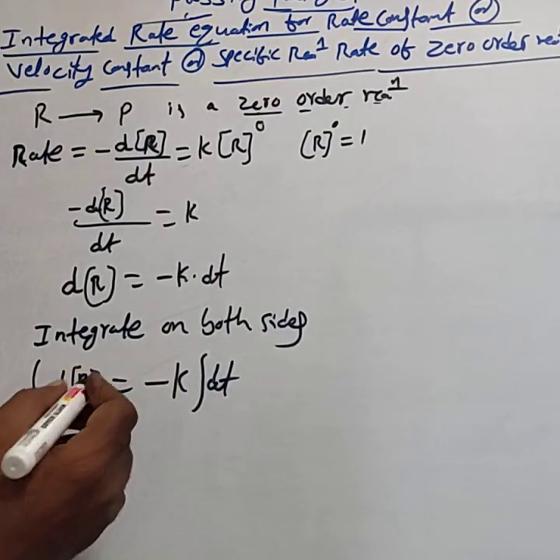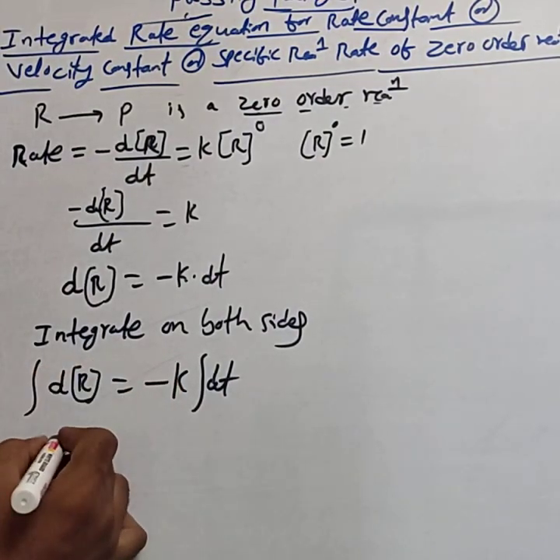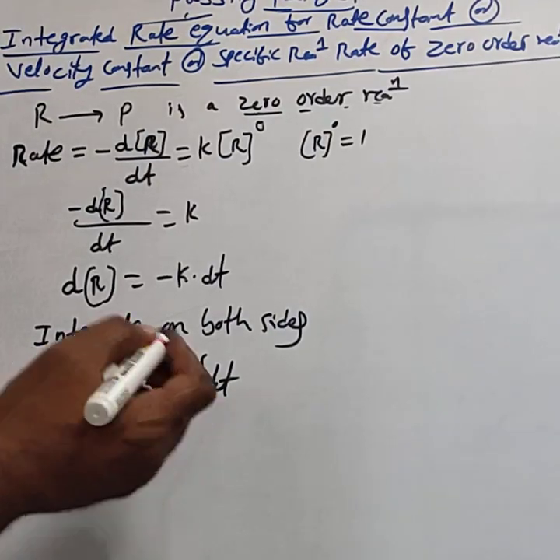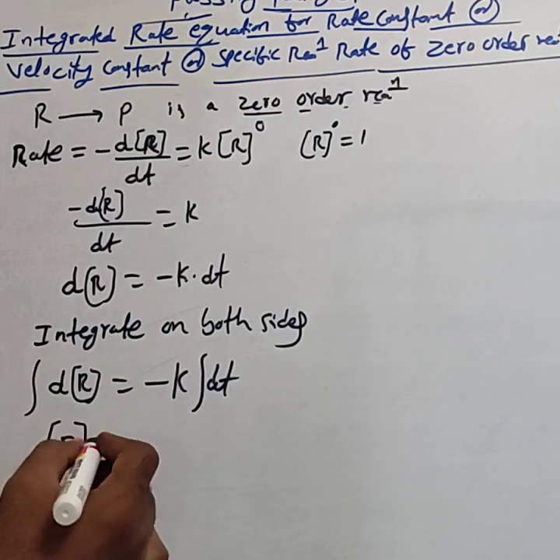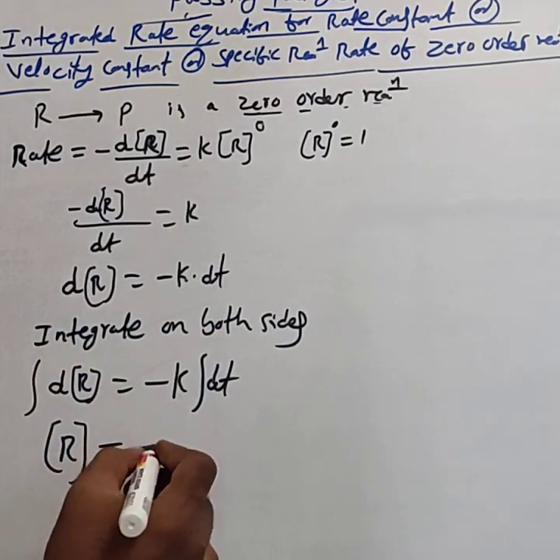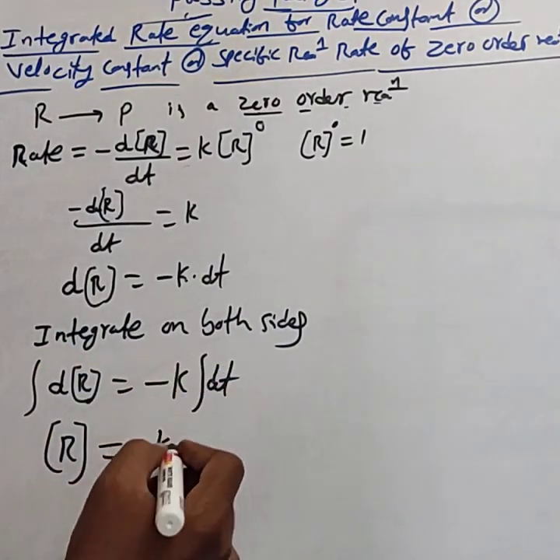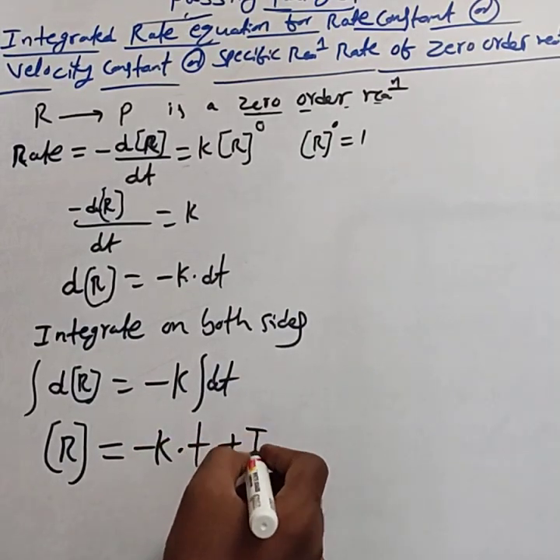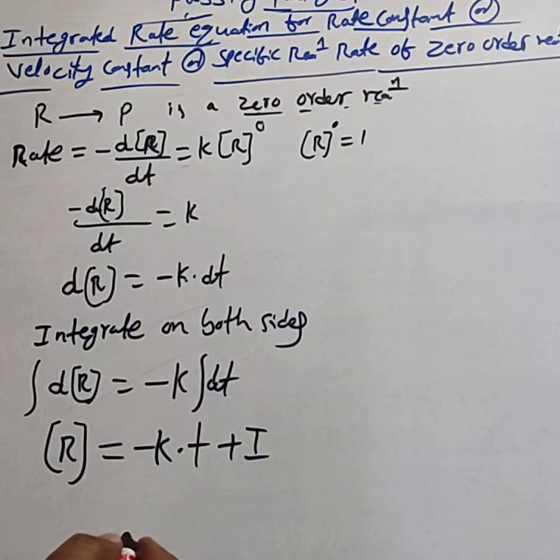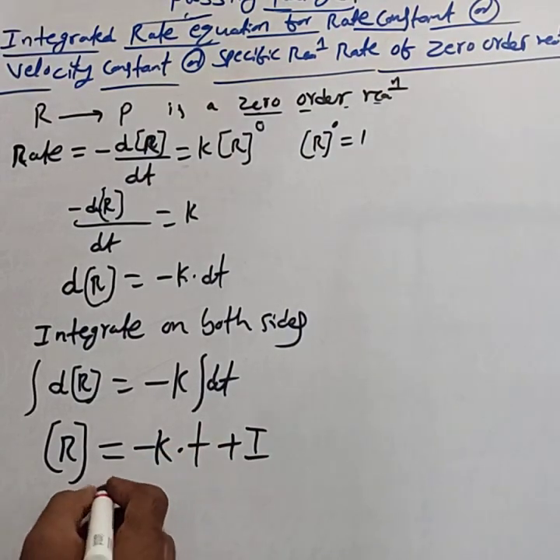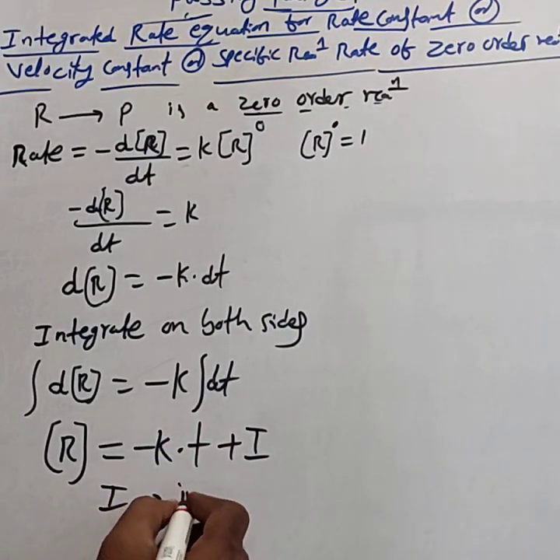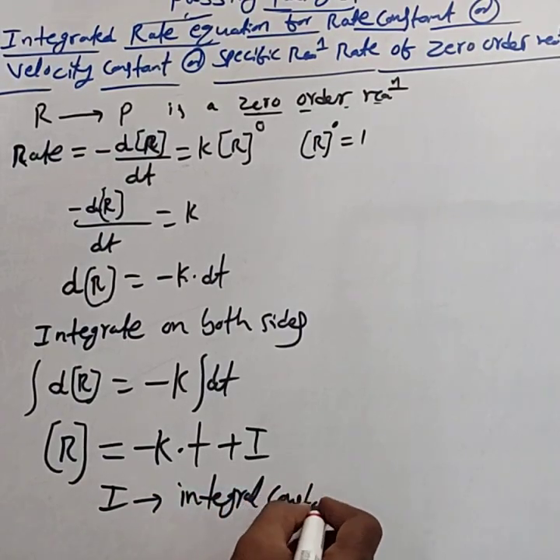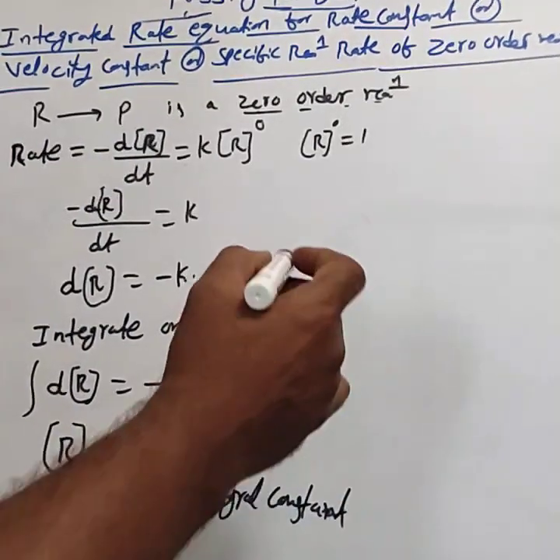Integral of dR value is R, already in mathematics you know the integration part. That is minus k into integral of dt, again it is t, plus a constant I. I is called the integral constant.